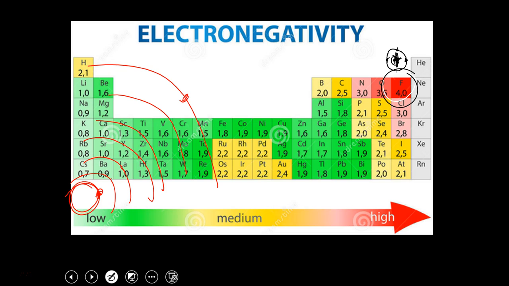So there's your trend. As you go right, it gets higher. As you go down, it gets lower-ish. And again, on the test, the questions would be like, hey, there's carbon and there's magnesium. Which one has a higher electronegativity? You should be able to just look at your periodic table, see where they are, and know.